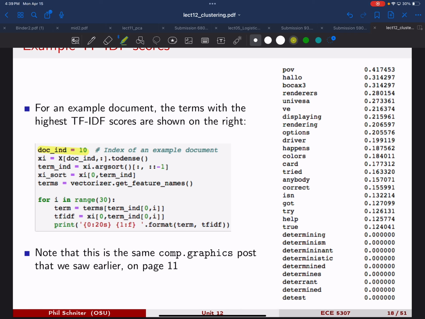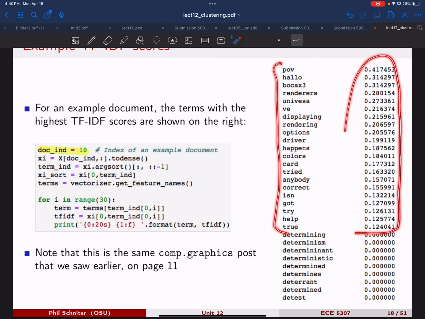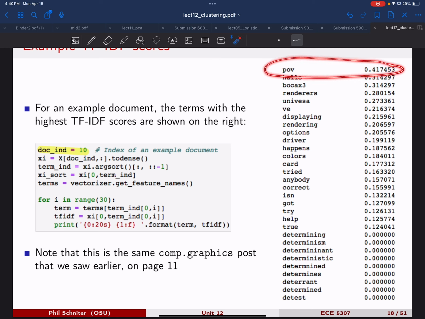This document only has these terms in it. For all these other entries, you see the TF-IDF feature is exactly 0. That term does not appear in the document. So these are the terms that appear in the document, and you can see the feature values here. Basically, this particular word is, you could say, the most important word in that document in terms of making that document special within the corpus.